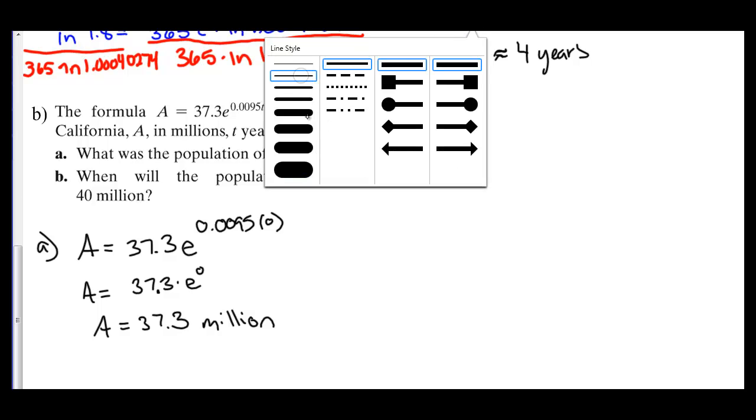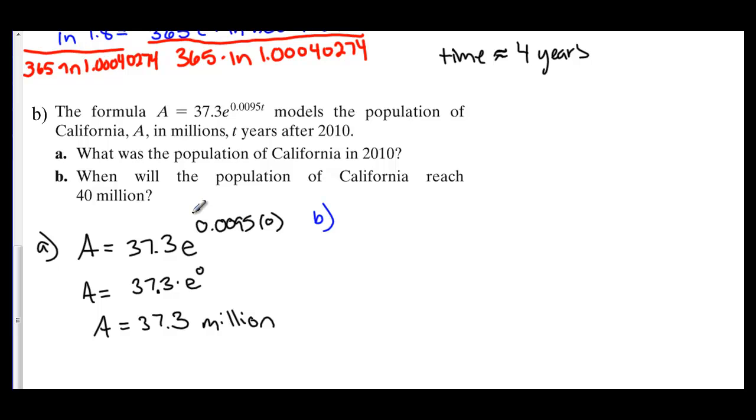All right, let's look at B. When will the population of California reach 40 million? So basically, we're just going to plug in 40, or the ending number for the A, equals 37.3 times e to the 0.0095 t.